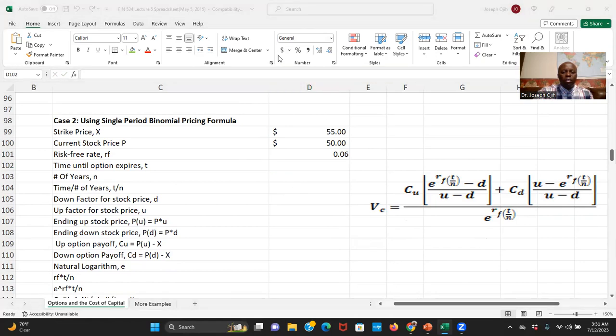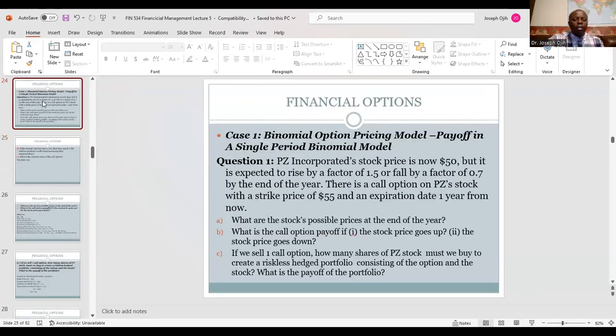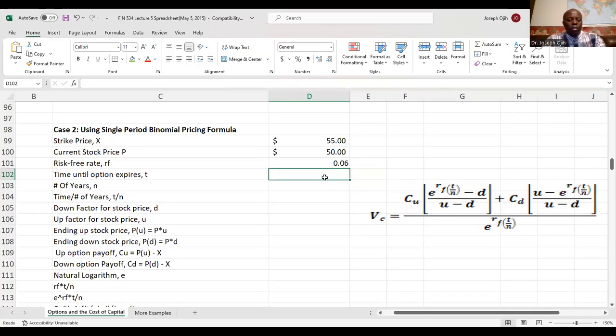Let me take you there so you can see it. It says here that there is a call option on PZ stock with a strike price of $55 and an expiration date of 1 year. It didn't say anything on months, so just 1 year. So we're gonna put it here, 1 year. So time to expire is 1 year.